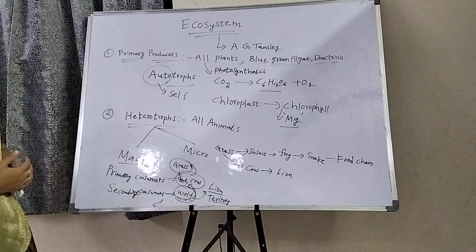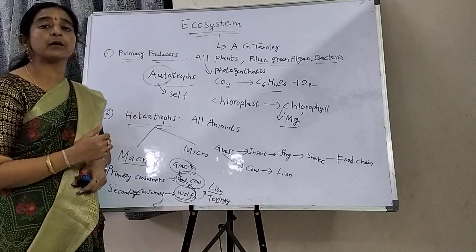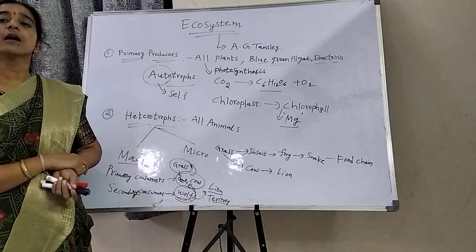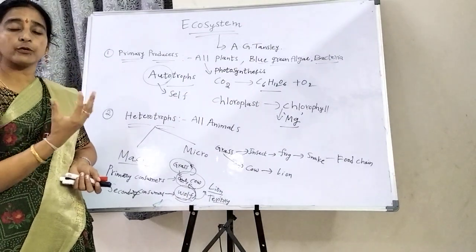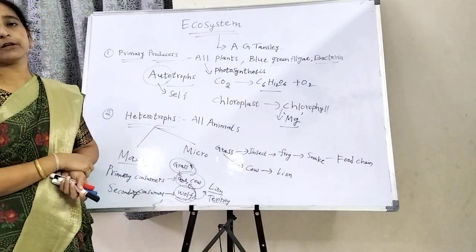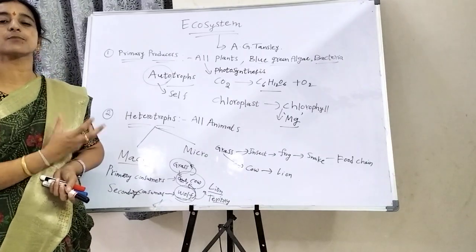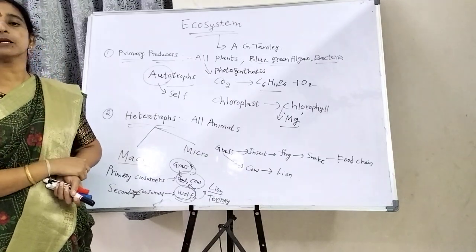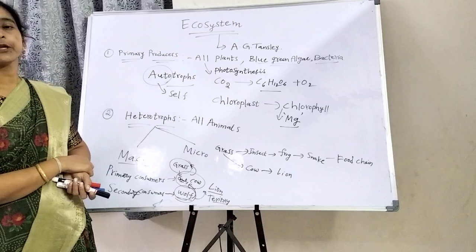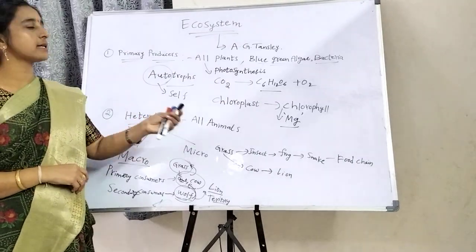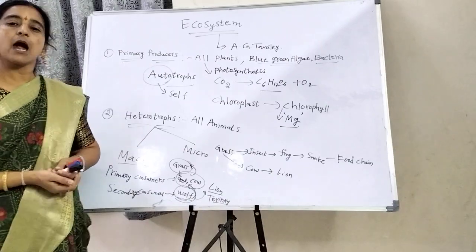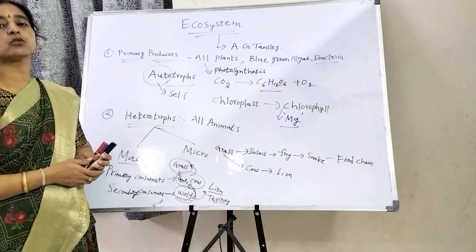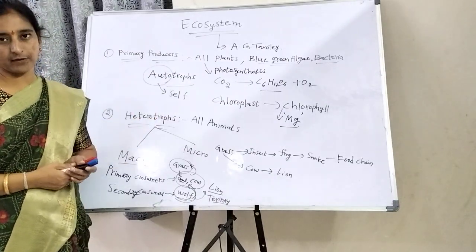They consume nutrients from dead and decaying matter by the process of absorbing. That's why they are known as saprophytes, like different types of fungi and different types of molds. These are examples of saprophytes.